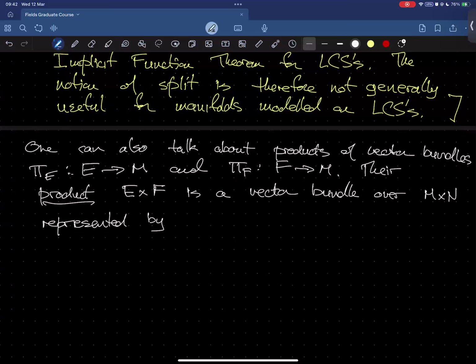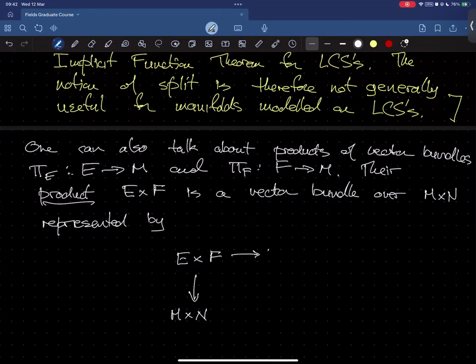So we have E cross F, and E cross F maps to M cross N. This is just the normal set theoretic Cartesian product, and therefore it's a manifold, as we talked about last time.